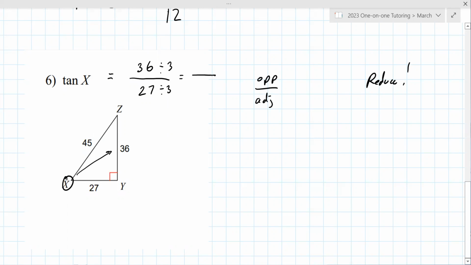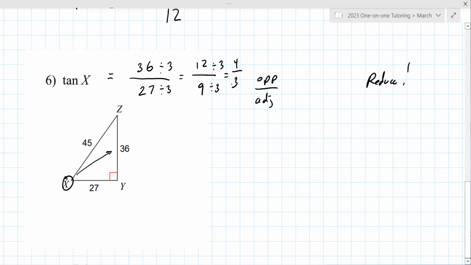What is 36 divided by 3? 12. What's 27 divided by 3? 9. Okay. Can you divide them again by 3? Yes. That's going to be 4 over 3. Very good.